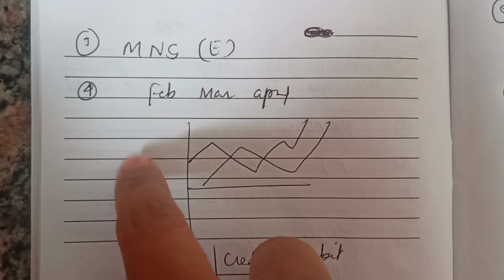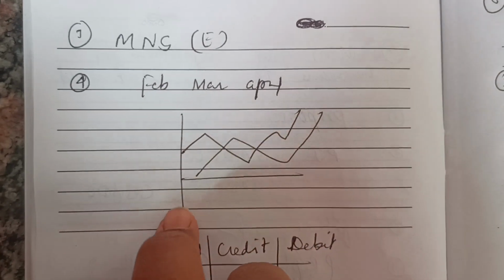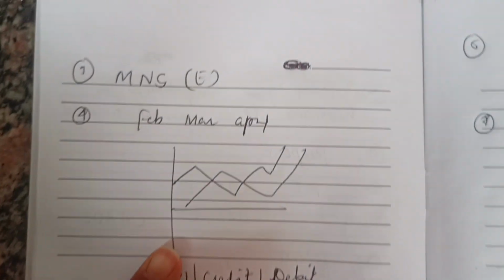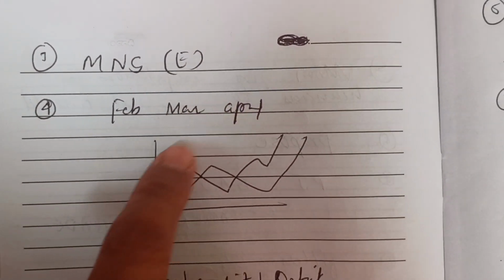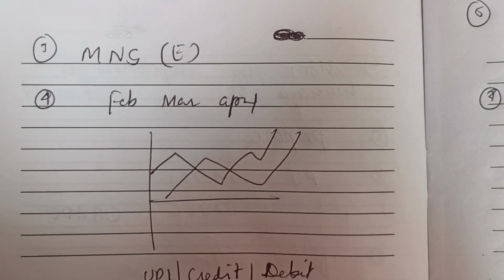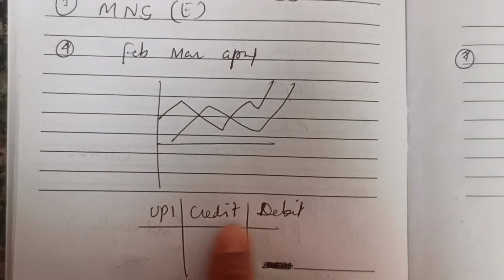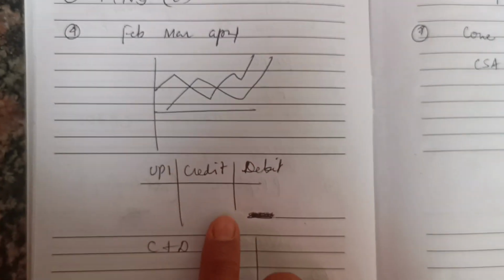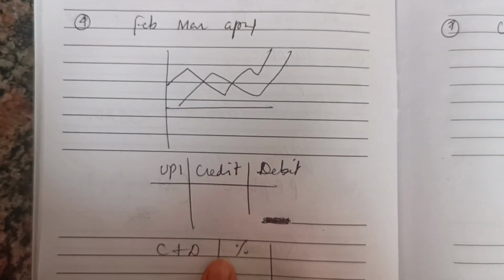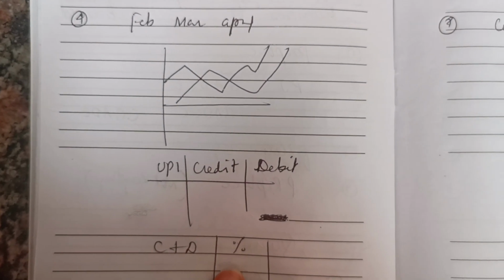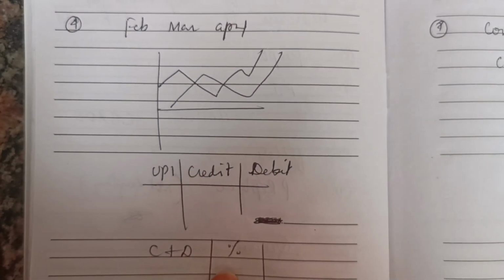And one was a bar, not bar, yes, bar graph was also there, and also a line graph with February, March, April data given. And one was about UPI, credit card, debit card, where they had given the total number of credit card and debit card users, and also the percentage of persons who use UPI.